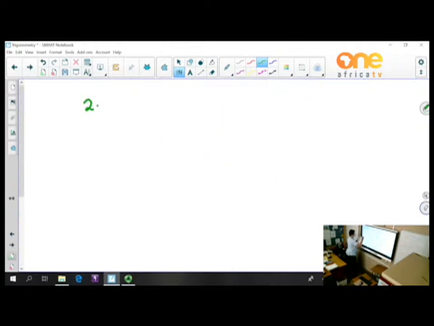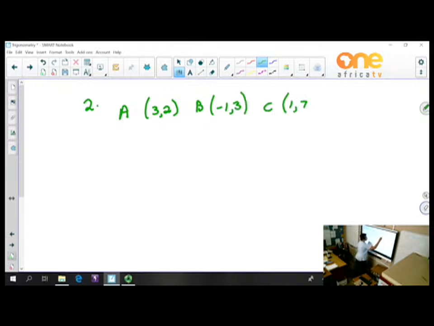Question 2. In a triangle, okay, now they say A is the point (3, 2), B is the point (-1, 3), and C is the point (1, 7). And they want you now to find the vector AB and the vector AC.